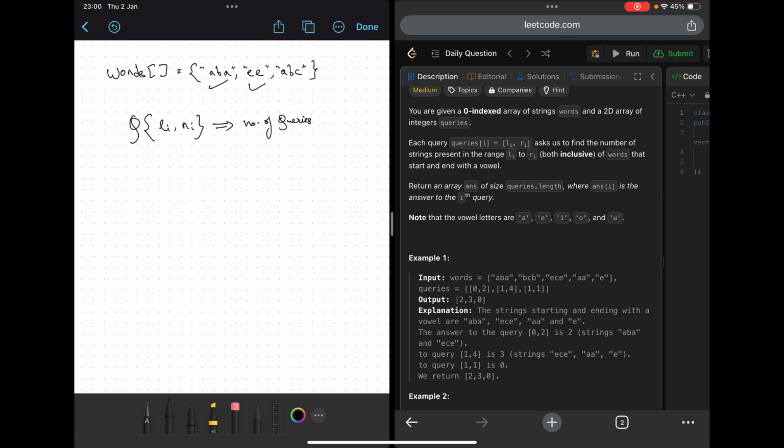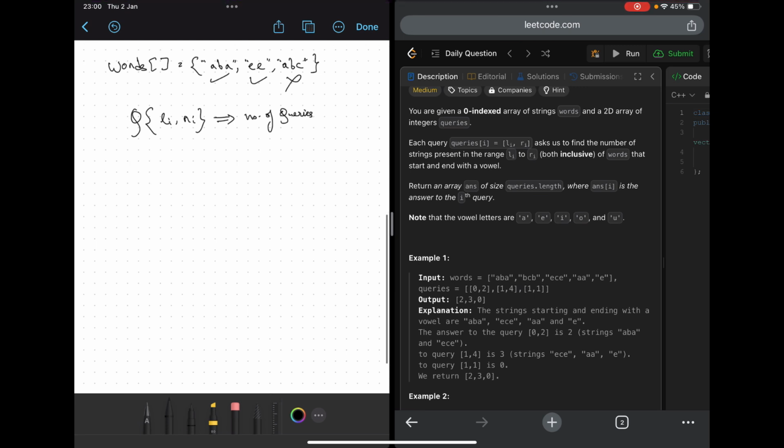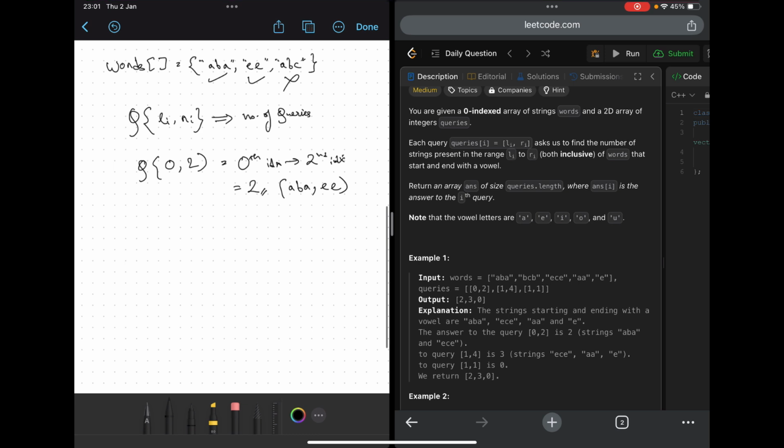ABC, however, doesn't satisfy this condition because it starts with a vowel but it ends with C, which is not a vowel. So if we are given a query of 0 to 2, which is from the 0th index to the second index, the count would be 2 because only ABA and EE are the strings which satisfy our condition.